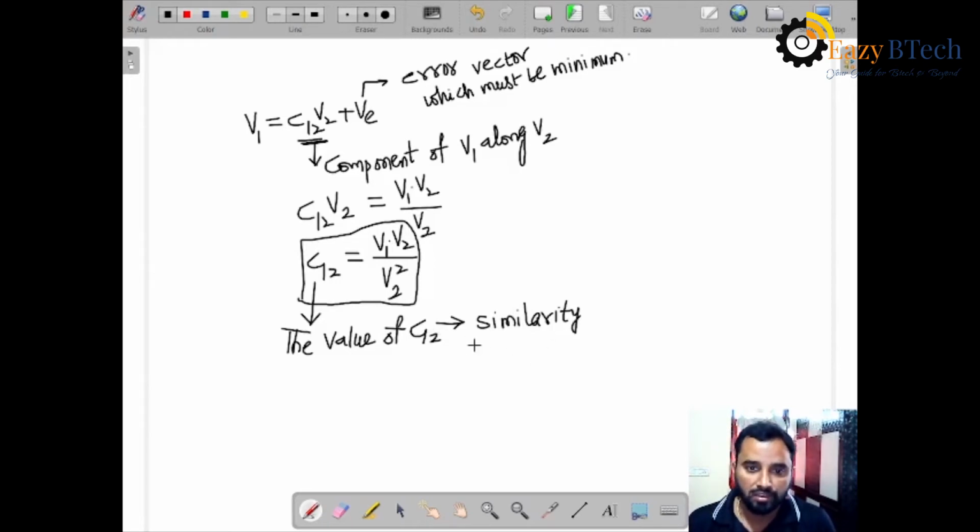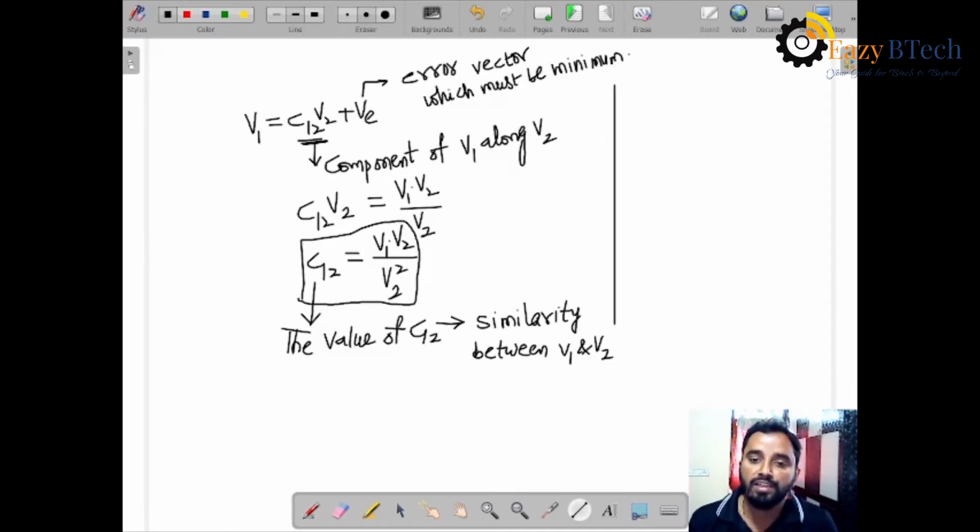So it indicates similarity between V1 and V2. If C12 is equal to 0, for example, it means no similarity, they are dissimilar.